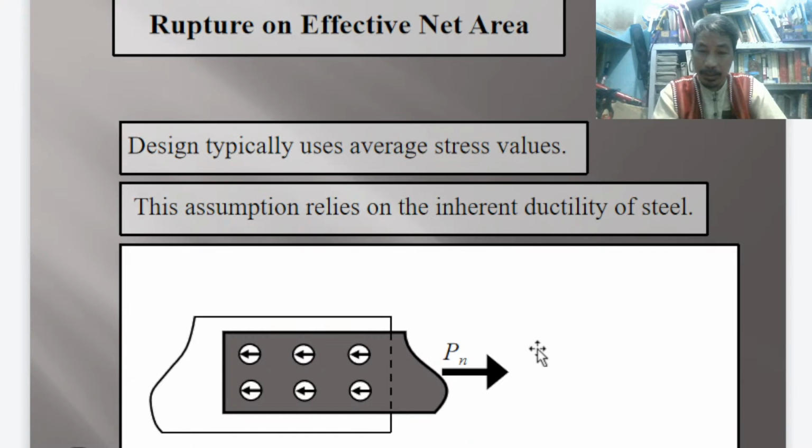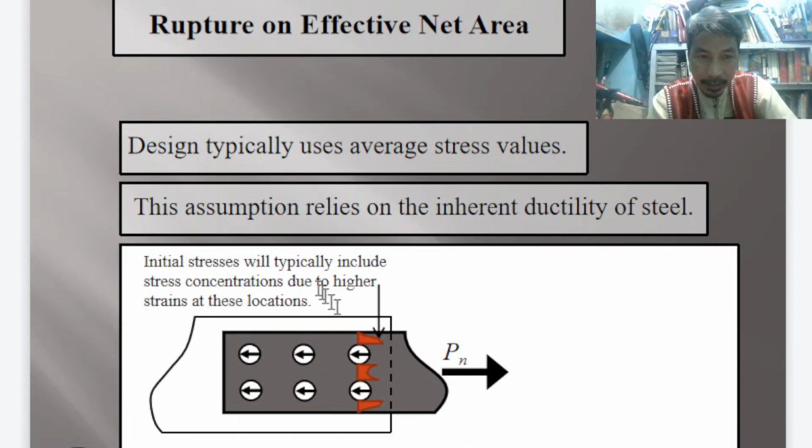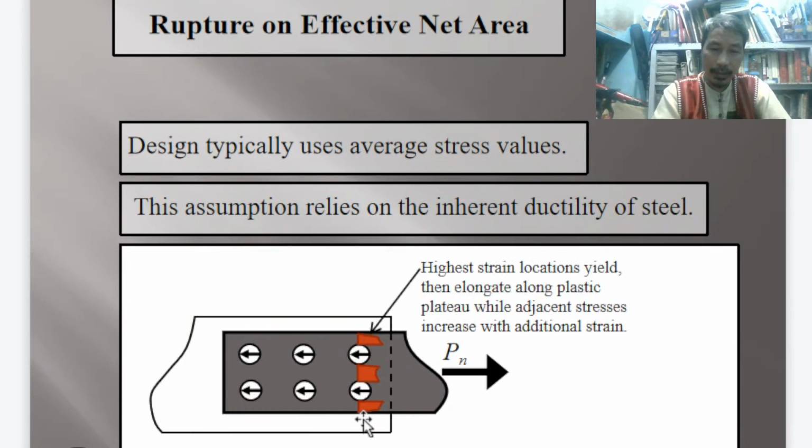We call it average, but in reality, there are initial stresses that look like this. Next, highest strain locations yield. Then they elongate along the plastic plateau while adjacent stresses increase with additional strain.